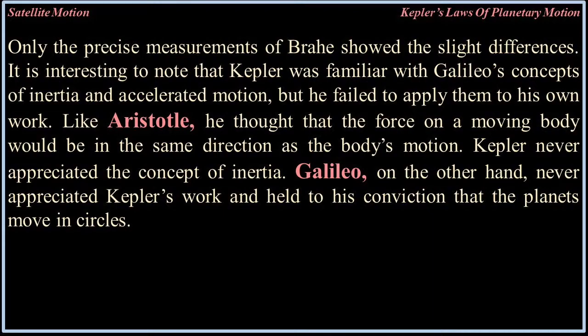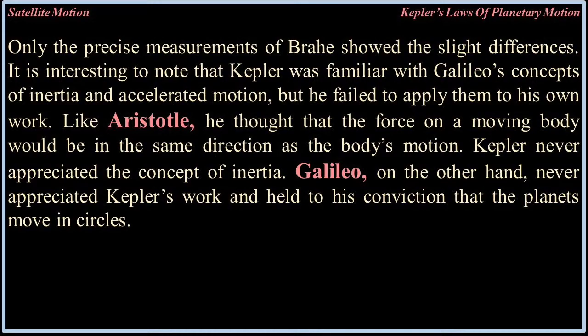It is interesting to note that Kepler was familiar with Galileo's concepts of inertia and accelerated motion, but he failed to apply them to his own work. Like Aristotle, he thought that the force on a moving body would be in the same direction as the body's motion. Kepler never appreciated the concept of inertia.